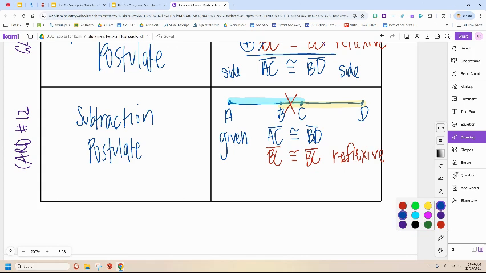So now I can do the subtraction postulate. Notice what letter is duplicated. So if I take AC and take away BC, I'm left with AB.